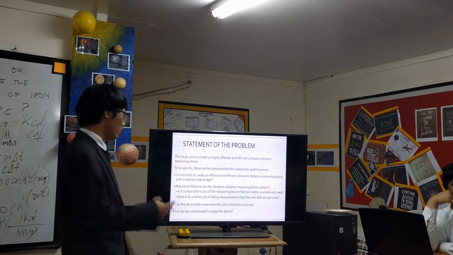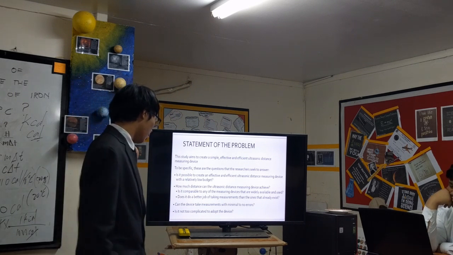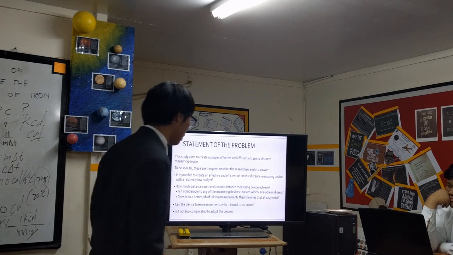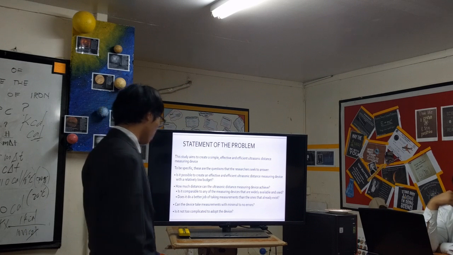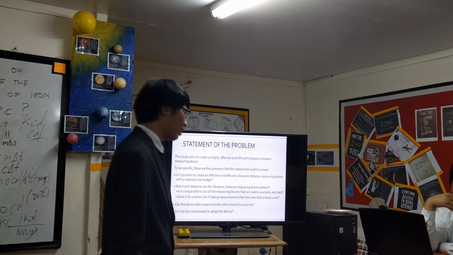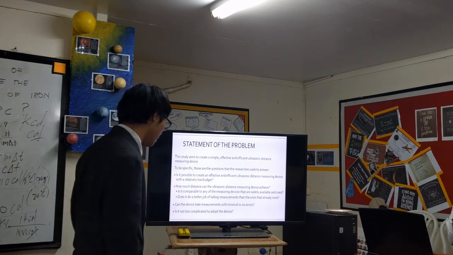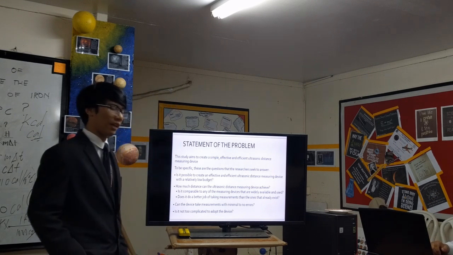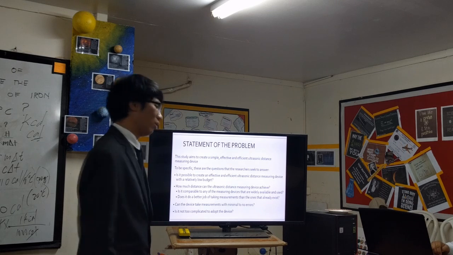It has two sub-questions. First sub-question: is it comparable to any of the measuring devices that are widely available and used? Does it do a better job of taking measurements than the ones that already exist? Our third question: can the device take measurements with minimal to no errors? And our last question: is it not too complicated to adapt to the device?